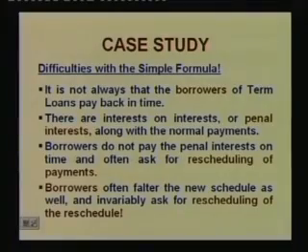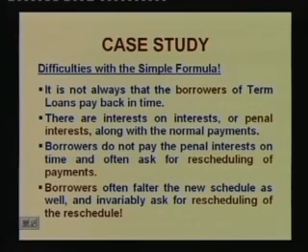There are interests on interests or penal interests that also may come, because if you do not pay the principal part as well as the interest part on time, you may also have interest on interest. Borrowers do not pay the penal interest on time and often ask for rescheduling of payments. So, there could be rescheduling, and there could as well be rescheduling of reschedule, when the borrowers falter on the new schedule as well.